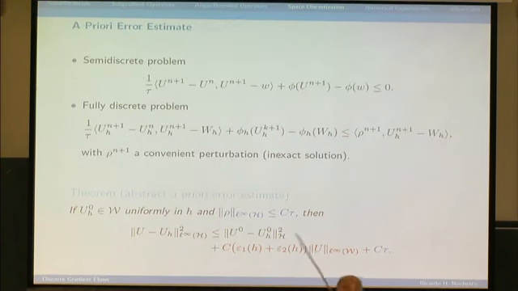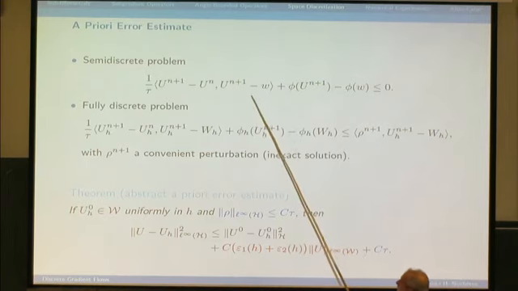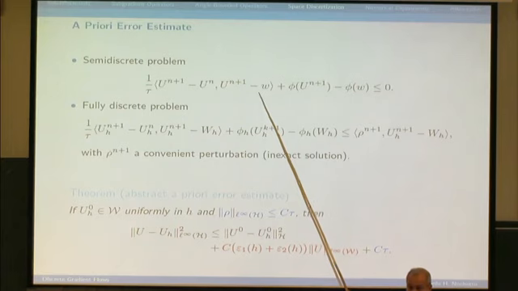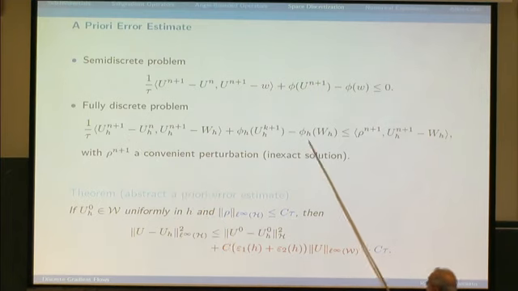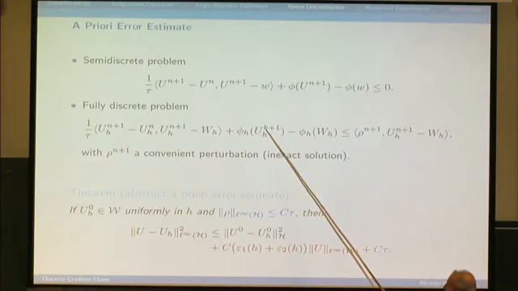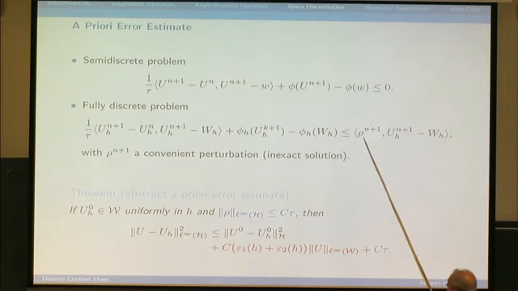Okay. Then here is a semi-discrete problem, which I mentioned earlier, and I discussed the error estimates for you before. And this is a fully discrete problem. I put h's everywhere. So now the functions u, U^k, well, this should be U^n sub h, and the w's are discrete.